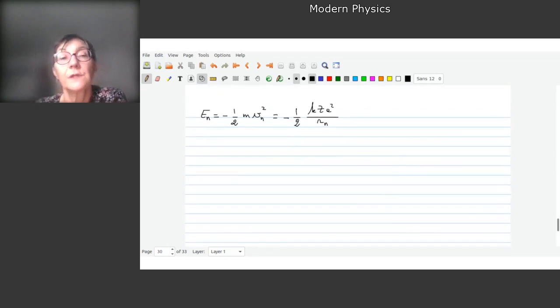This is the value of the energies. So you can't have any value of the energy; you only have some values. We can write it as a function of n: En is equal to minus k Z e square over Rn.